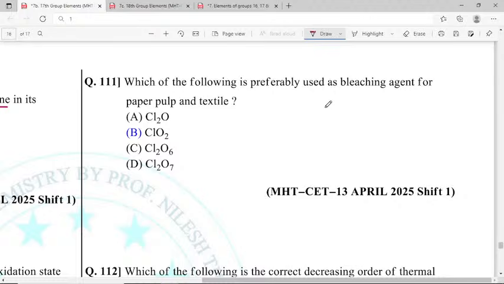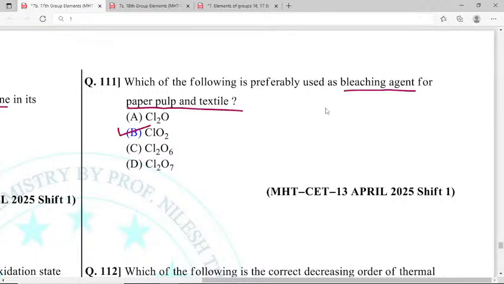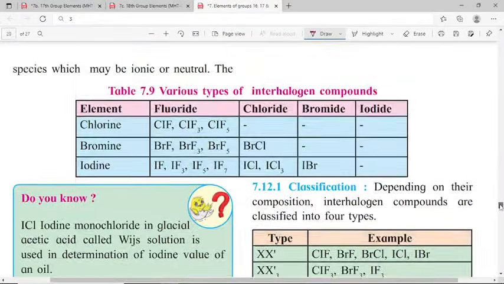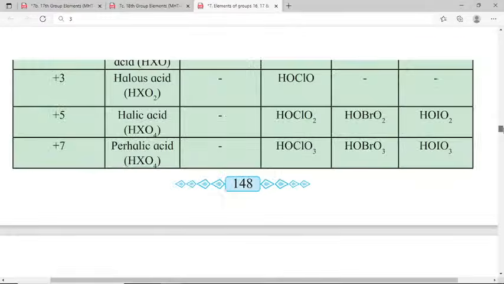Which of the following is preferably used as a bleaching agent for paper, pulp and textile? ClO2. ClO2 is used as a bleaching agent. I am showing here in your textbook, so please mention in your textbook where ClO2 oxides are written, on the left side.